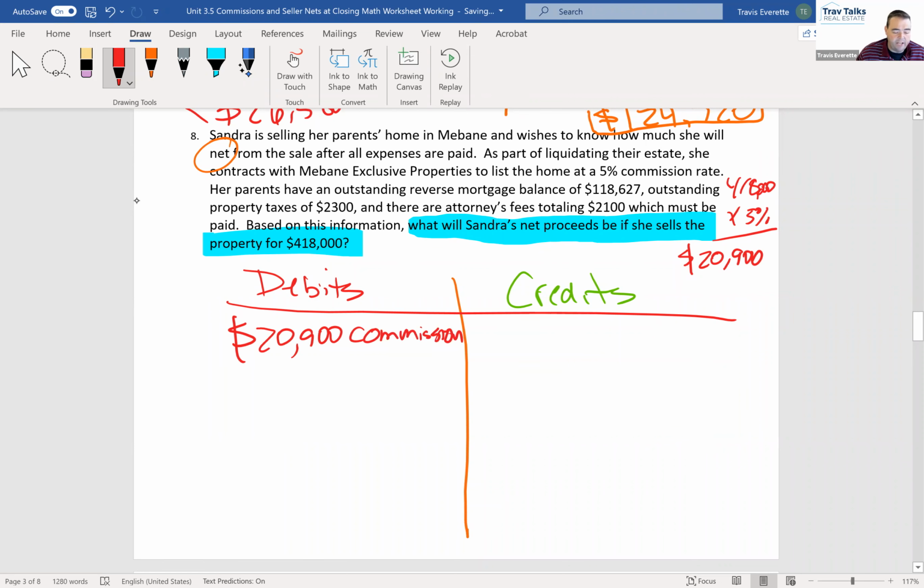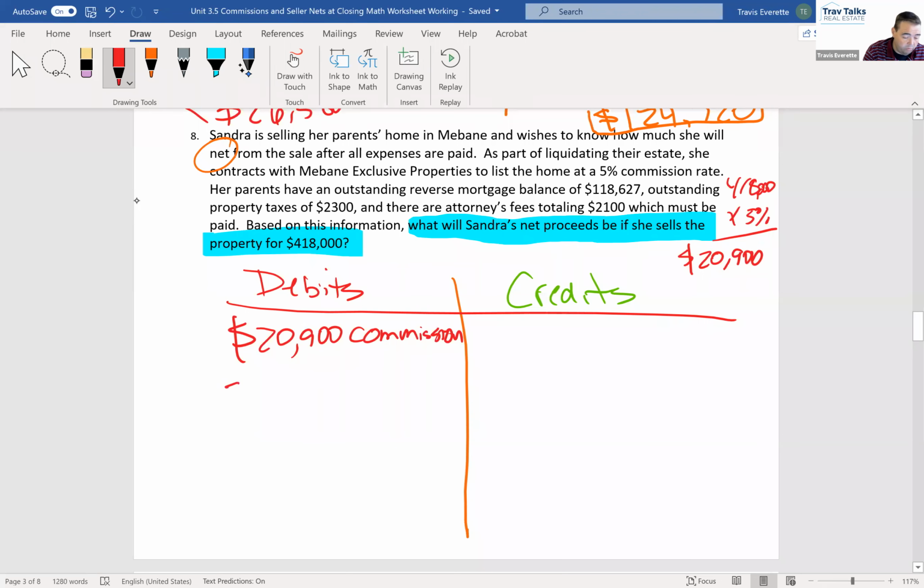It says her parents have an outstanding reverse mortgage balance of $118,627. Folks, it doesn't matter if it's a reverse mortgage, a home equity line, or a primary mortgage. All mortgages have to be paid off when you sell the property because they're liens, and we've got to satisfy those liens.